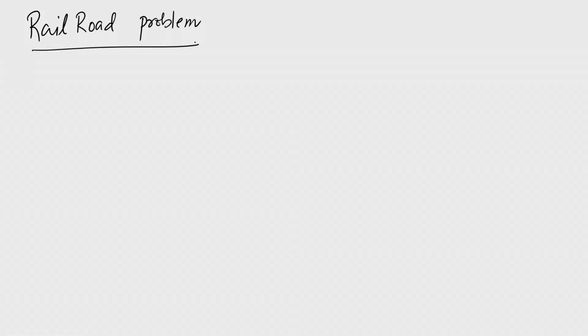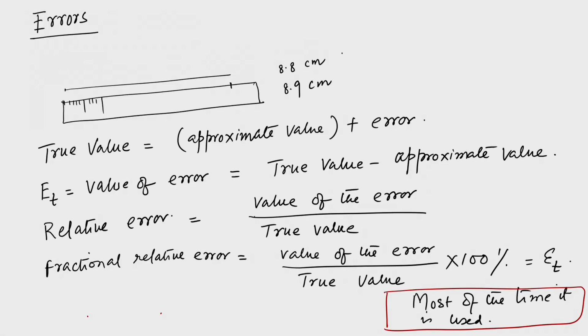So, let us give a statement of this problem. A rail track of length 1 mile. This is in older units, but it does not matter, the unit is not important here.